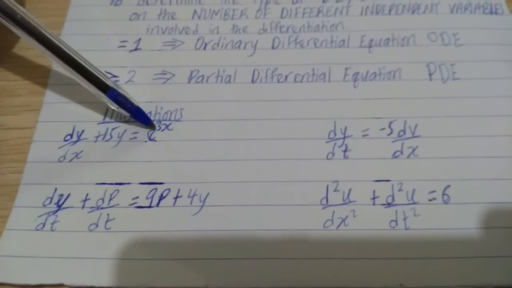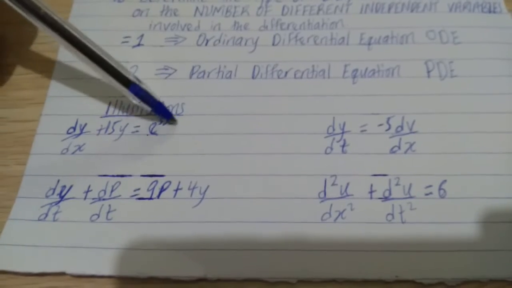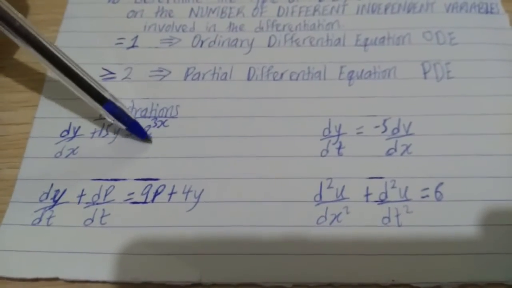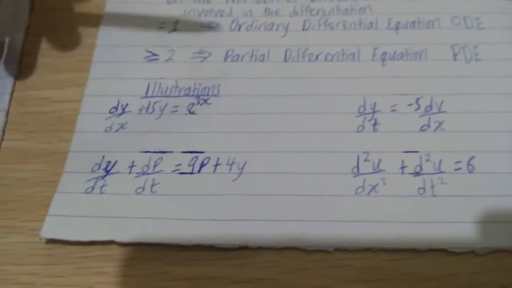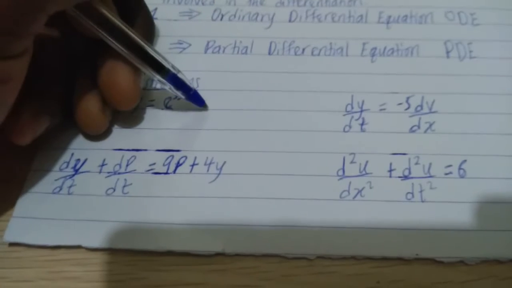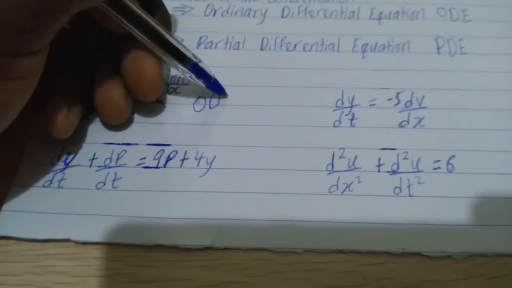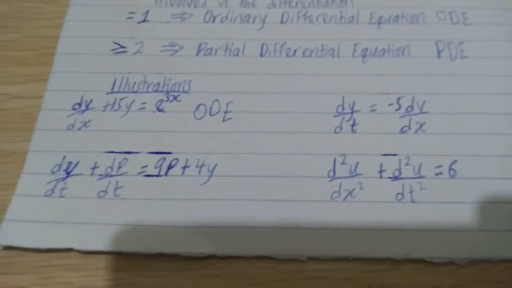And then this is e power 3x, that's also a function of the independent variable. So we can see that this one is clearly an ODE, that is an ordinary differential equation.